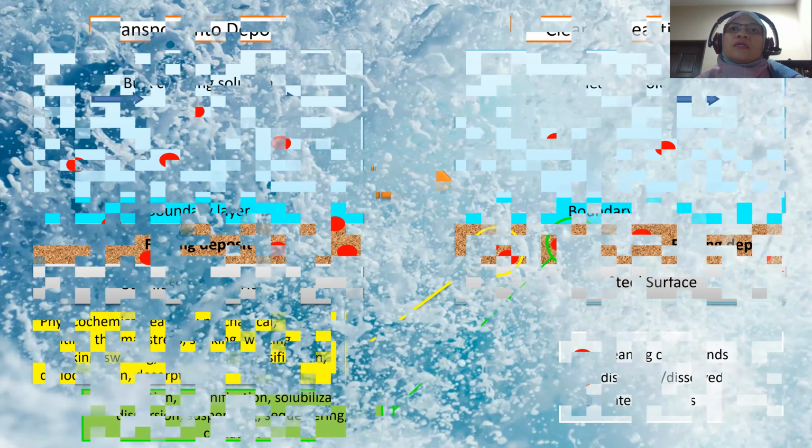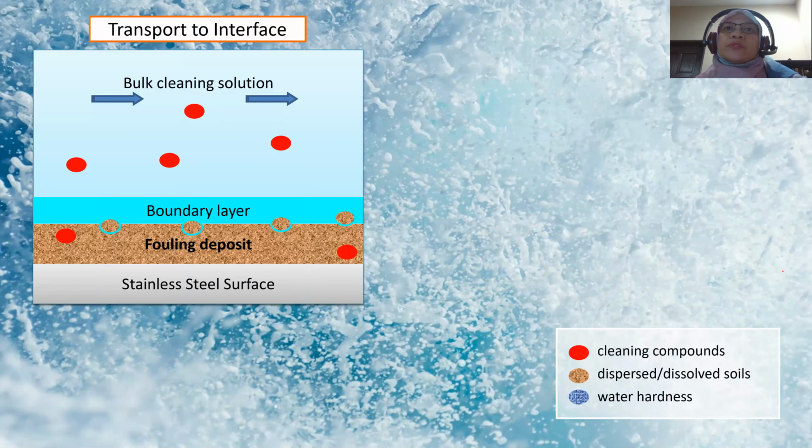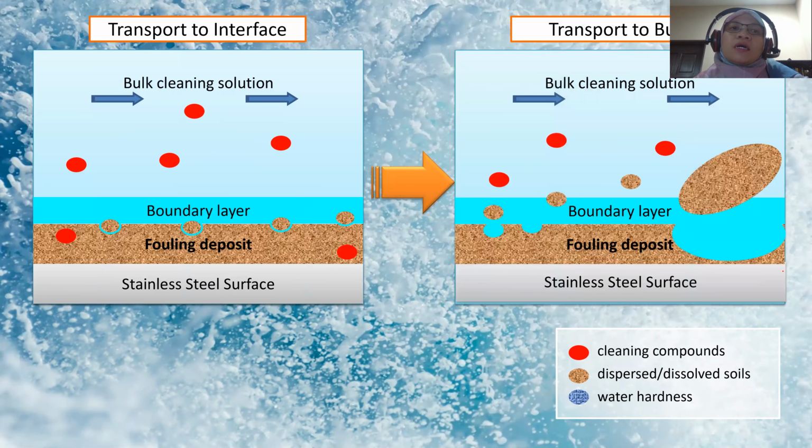Then the smaller molecules formed from the reaction will be transported to the interface. And finally, the product of the cleaning reaction, or the detachment of the salts, will be transported to the bulk solution through the boundary layer.